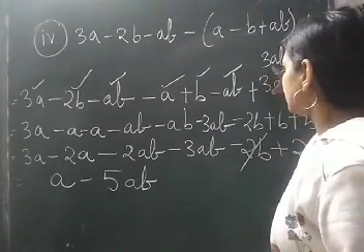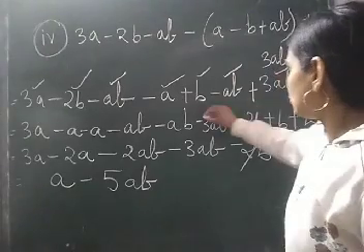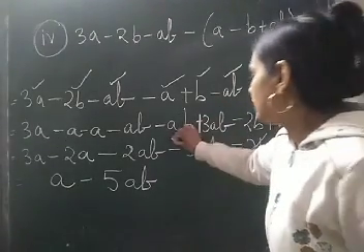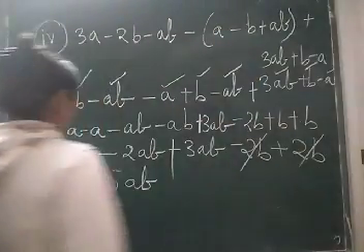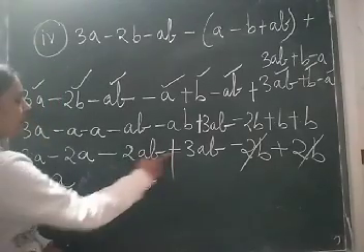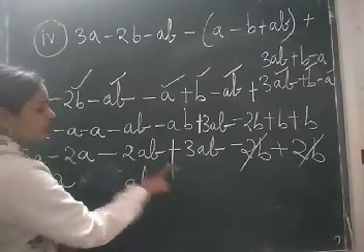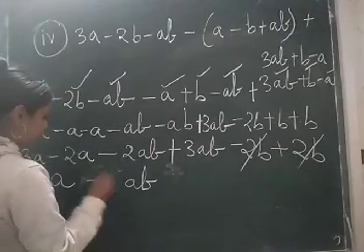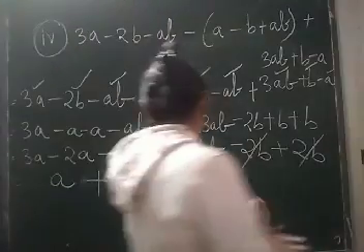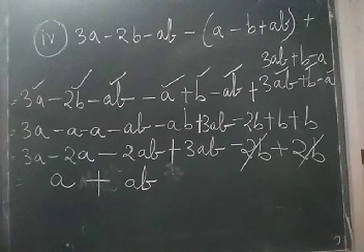This is, children, this is plus. So this is plus and this is plus. So 3 minus 2 gives us 1. So the AB answer will be positive because 3 is greater. So a plus ab will be your answer. I hope now no mistake. Let me check once. Okay, so this completes your fourth one. Then we do the sixth one, children.